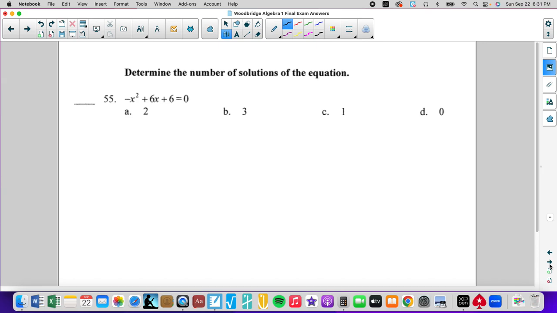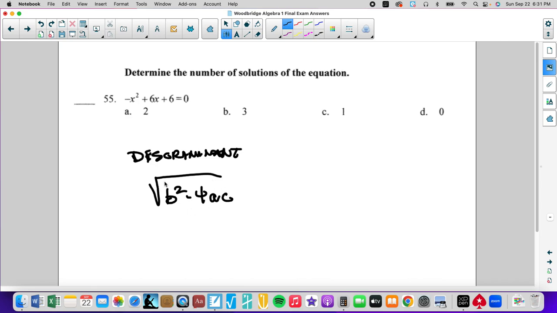Silly. All right, determine the number of solutions. So we have this thing called the discriminant. The discriminant is part of the quadratic formula. It's b squared minus 4ac.